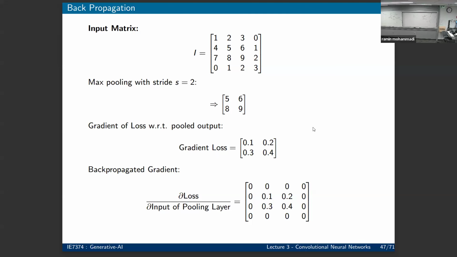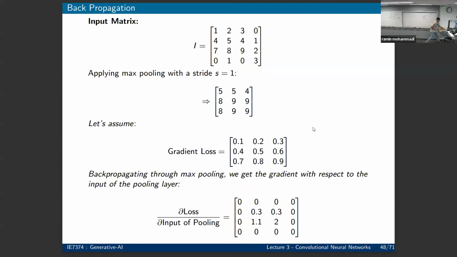Now, there is a scenario: what if there are overlapping data points or overlapping pixels? Overlapping pixel means this. Now if we have this as a 3 by 3 and a stride of 1, the first time you put this on, it becomes here, right? Then your stride of 1 becomes here. Among this and this, 9 is max all the time.